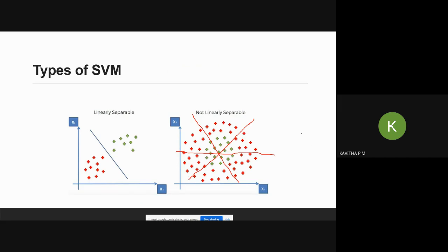And if I construct a line in this way also, it is not going to work out. So what can I do in this particular stage? I can't group or segregate using a single line. That is definitely not possible. So what can I do?